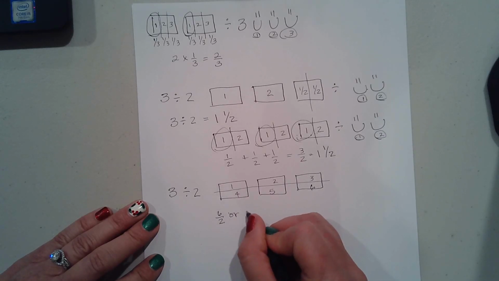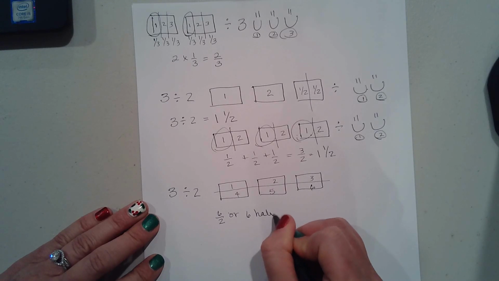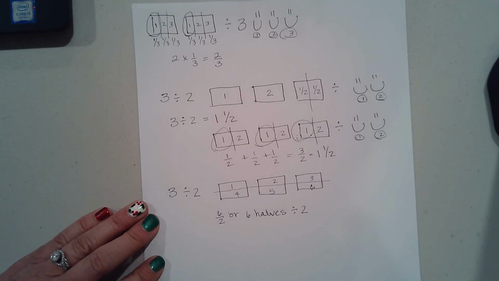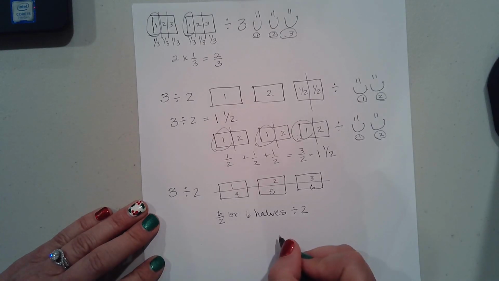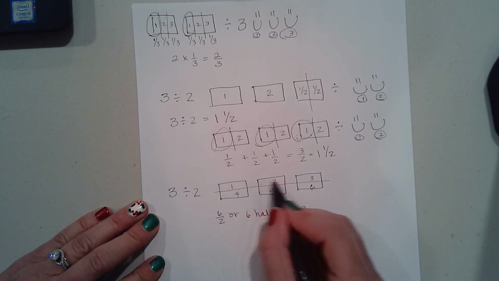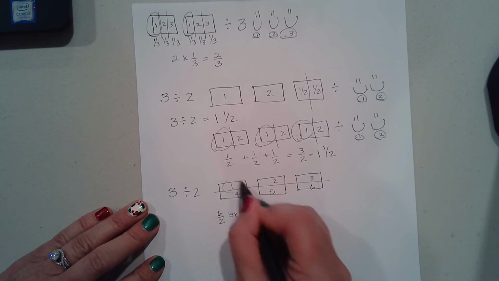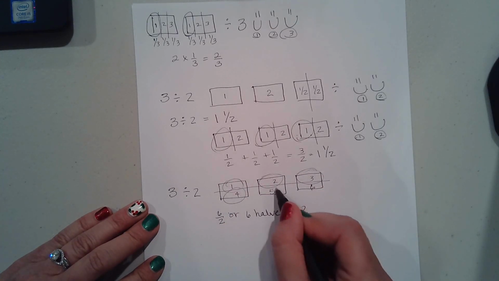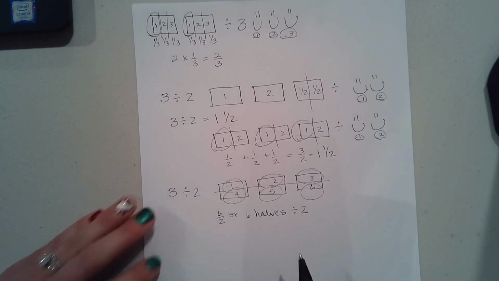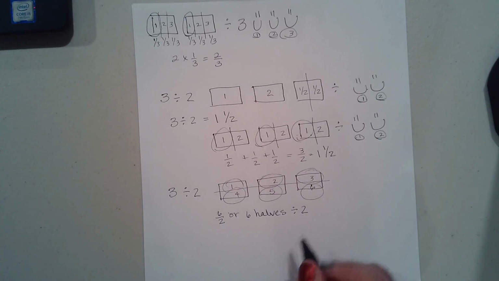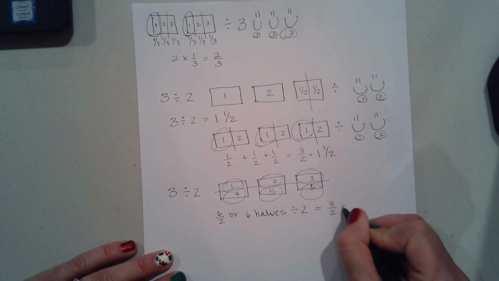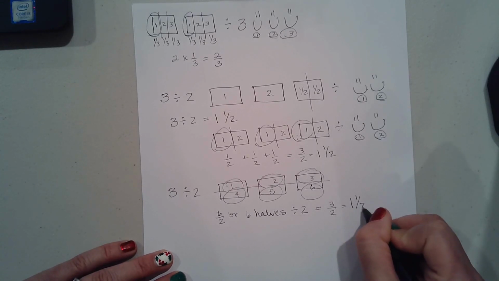Or 6 halves divided into 2, which will give us 1, 2, 3. We can have 1, 2, 1, 2, 1, 2, which is going to give us 3 halves. And 3 halves is equal to 1.5.